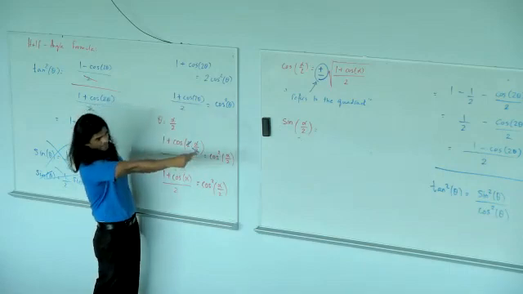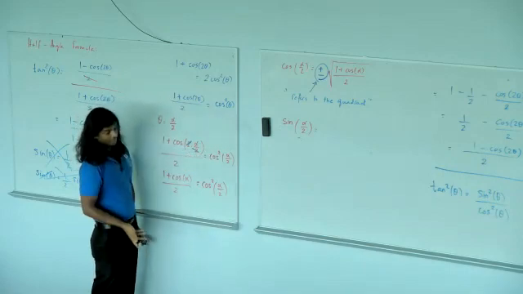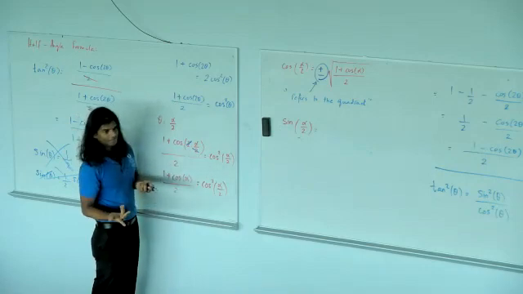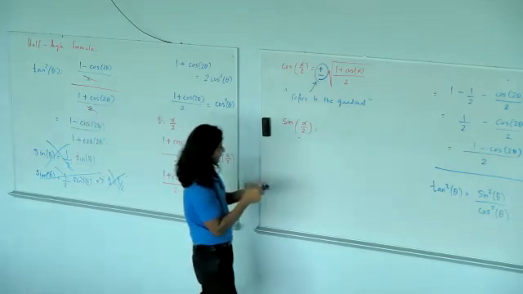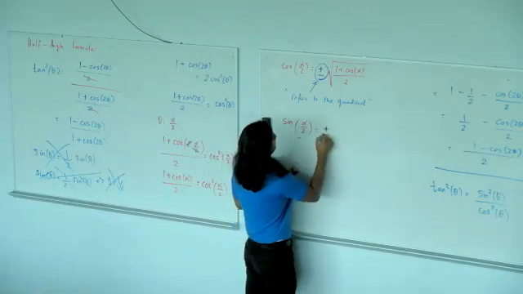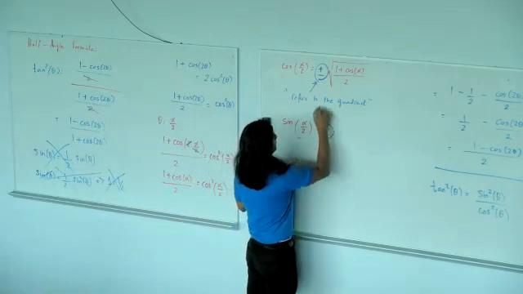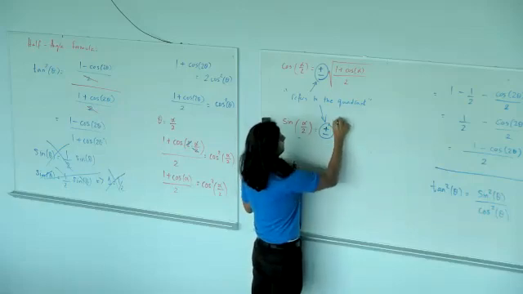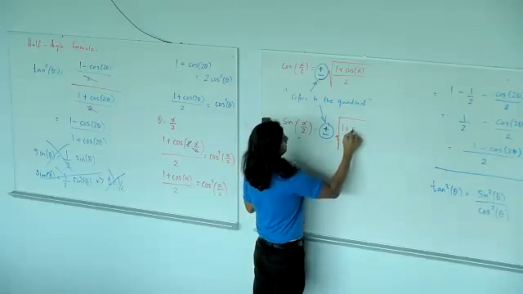From plus, it became minus. Naturally, going from cosine to sine, it has to change. Inside the root, you still would have plus and minus. Once again, that is what corresponds to that.